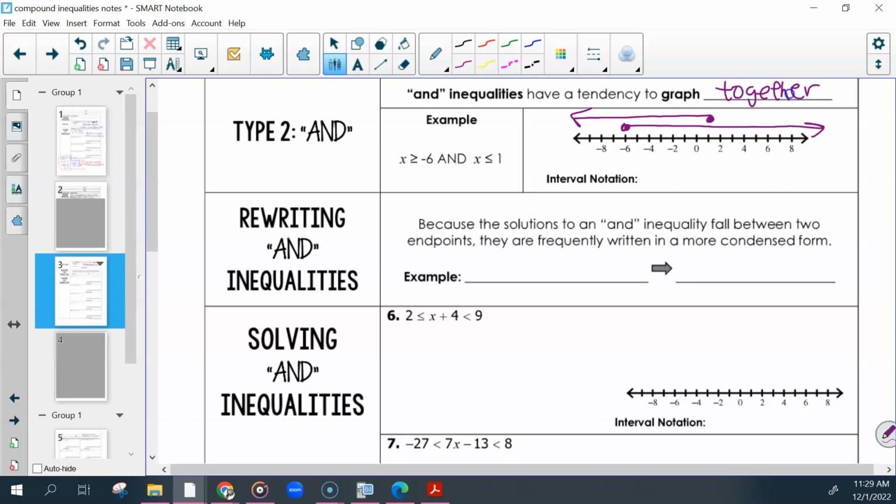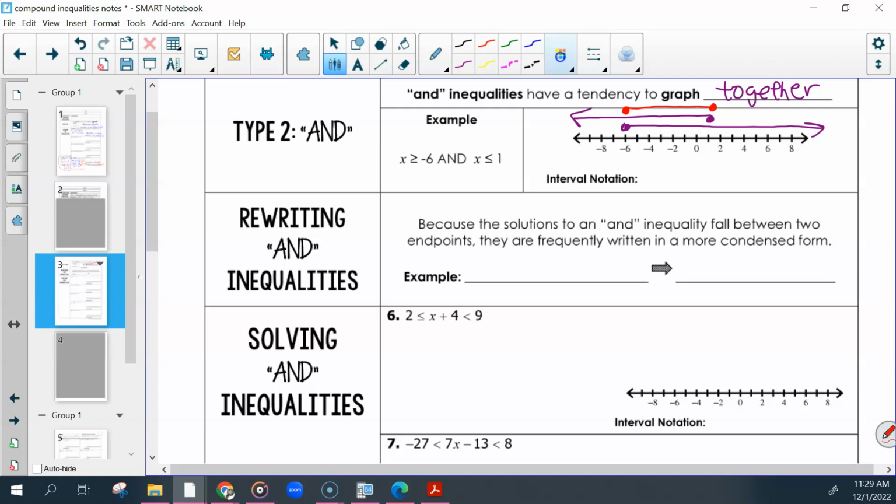The overlap is what we're looking for. So as you are practicing, you can keep using the two lines and then draw in just the overlap section. But as you get more used to it, you can just do the overlapping.